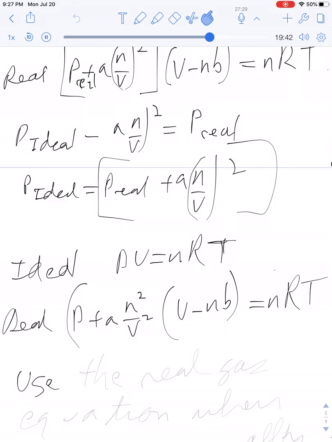It really depends on each gas, but usually you use the real gas equation when pressures are really high.